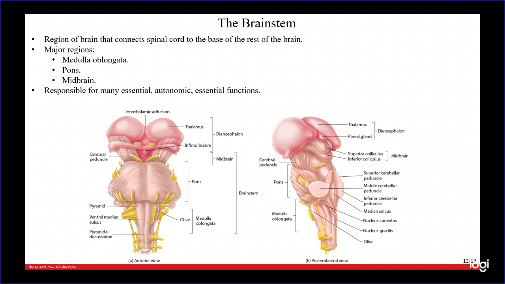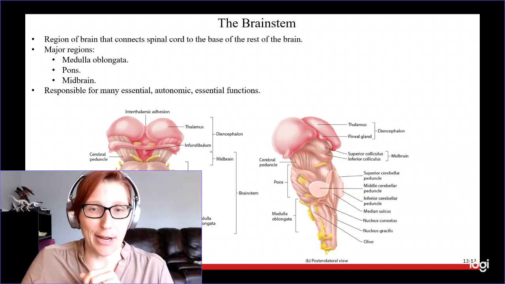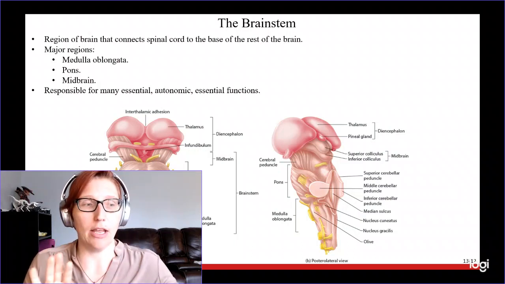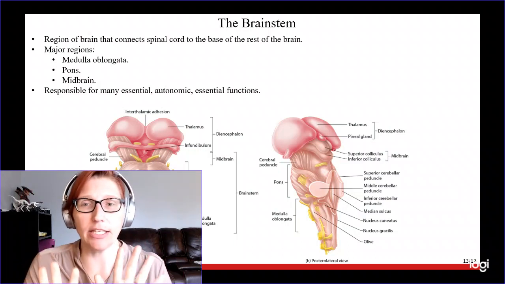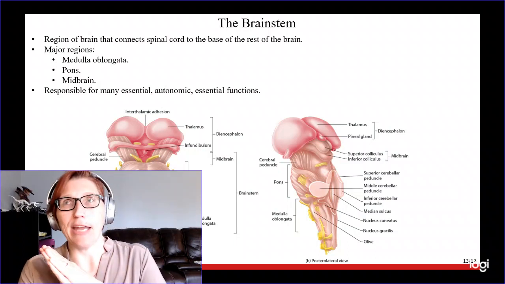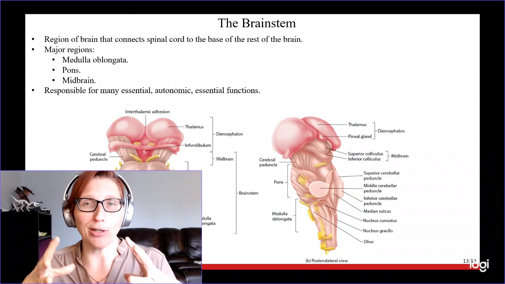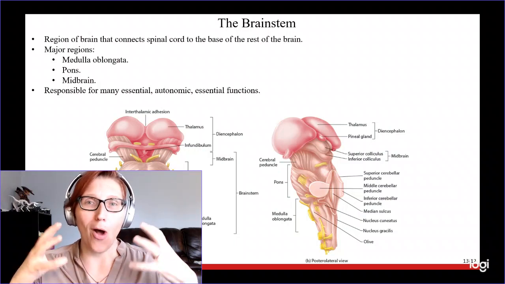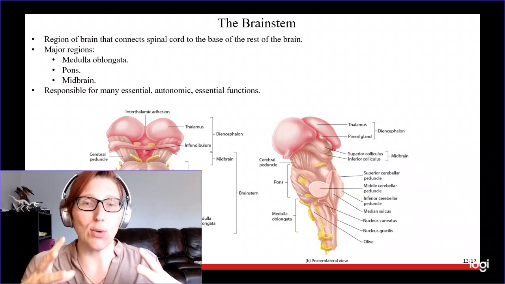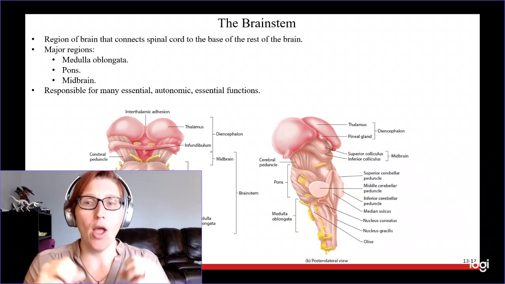All right, so I remember the first time I saw this picture of the brainstem and what it looked like, and it just blew my mind that we have something like that completely alien looking inside of us. But the brainstem is that more primal part of your brain. It is where all of those automatic functions tend to occur.